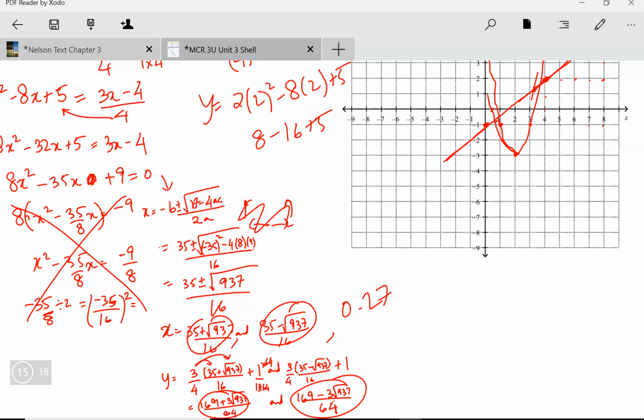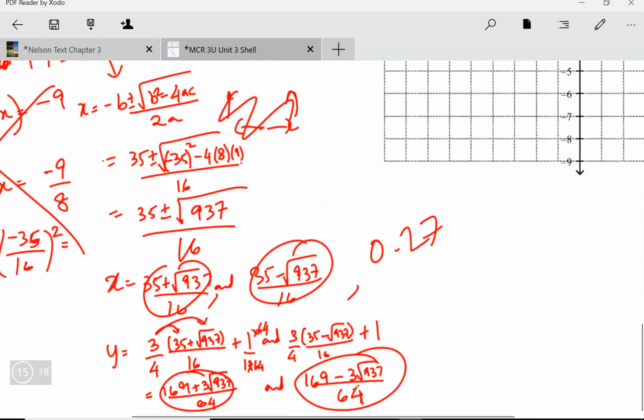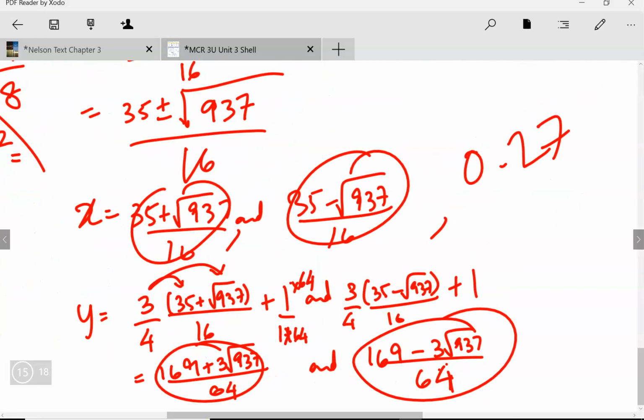Did I do something wrong here? Yeah, I had to, because I put it in that equation. What did I do wrong? Is it 3 over 4x minus 1? It's making my life so hard.